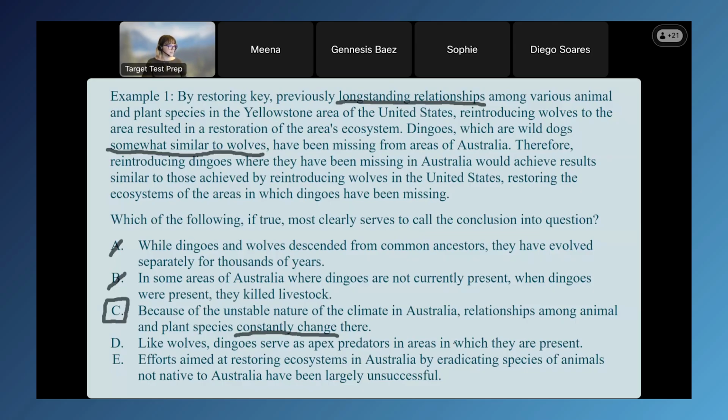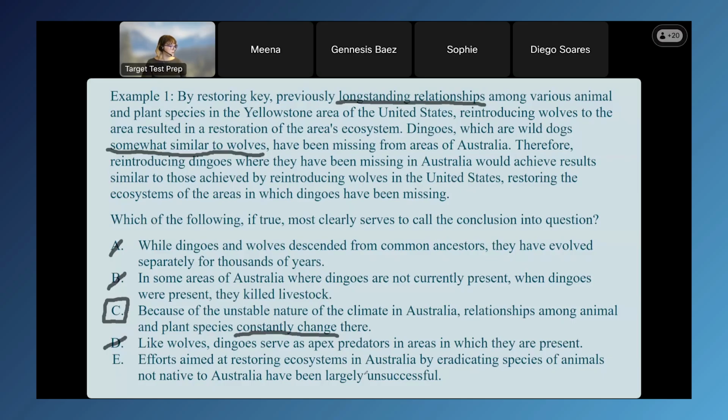D, like wolves, dingoes serve as apex predators in areas in which they are present. This one kind of does a similar thing to this one, where maybe that's supposed to sound bad, but that's just part of ecosystems. Apex predators are just part of the ecosystem. They're at the top of the food chain, so that doesn't mean that the ecosystems couldn't be restored just because there is an apex predator involved. And E, efforts aimed at restoring ecosystems in Australia by eradicating species of animals not native to Australia have been largely unsuccessful.